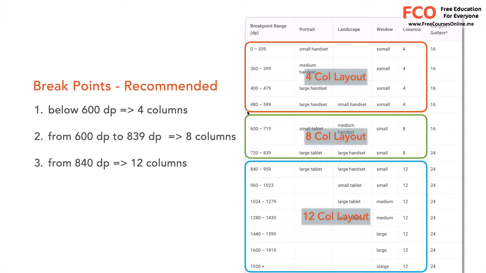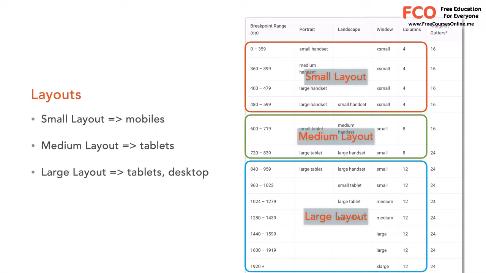And the point at which you are going to switch from the small layout to medium layout is 600 dp, and from medium to large layout is 840 dp. So we are going to usually define 3 layouts and adjust the layout structure, and we will apply the responsive patterns that we will learn in the next session to provide a great user experience for each layout size.